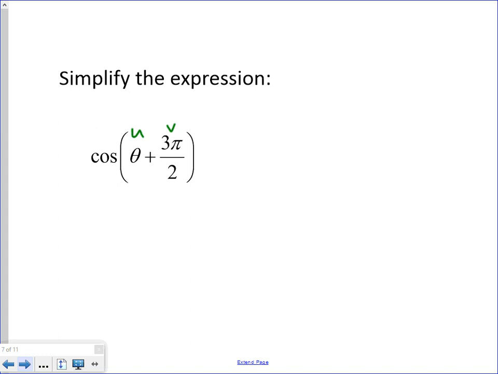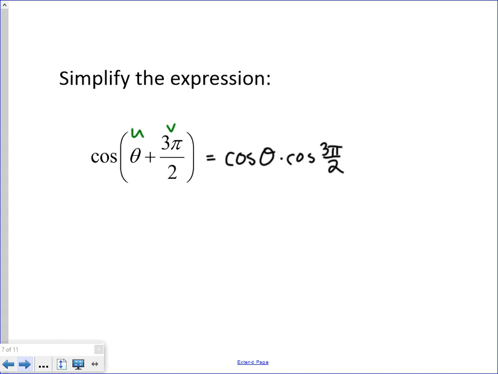But still, plug into the formula. So we're going to do cosine. What happens first in a cosine formula? Cosine times a cosine of u times a cosine of v. So that's cosine of theta times cosine of 3 pi over 2.